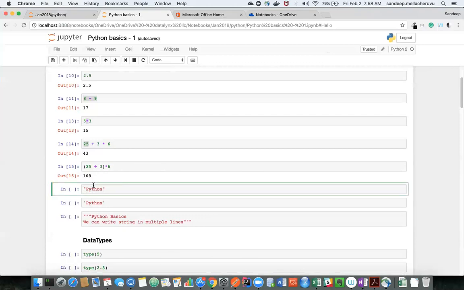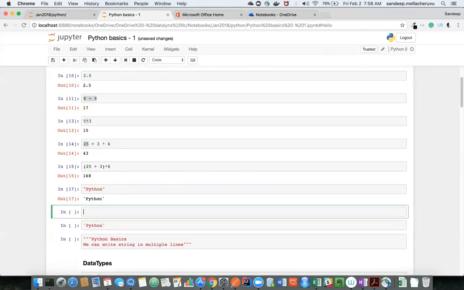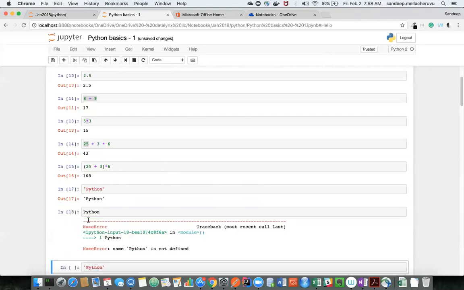So if I execute this, it will run. But if I write just Python without using any quotes and press shift enter, it will say name is not found. It is trying to identify this as a name that Python knows, and Python doesn't know the name called Python, so it fails.